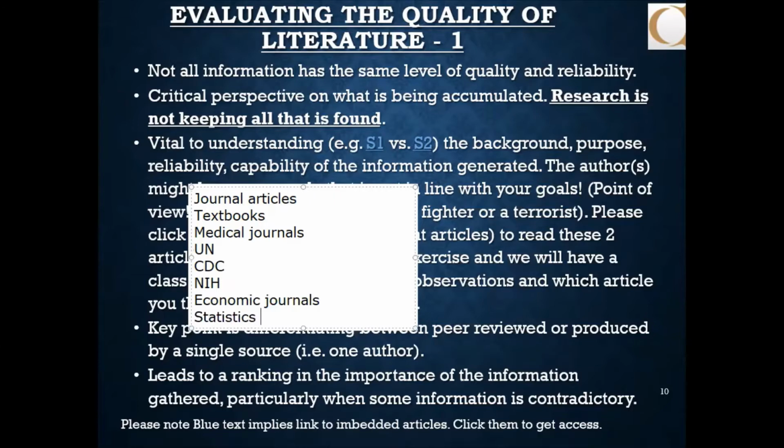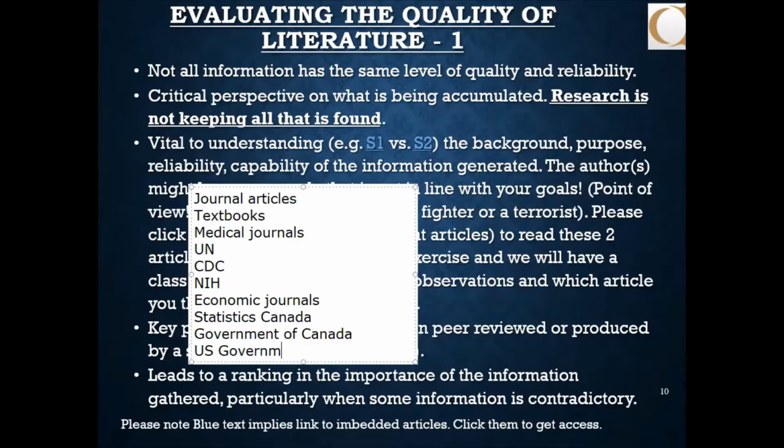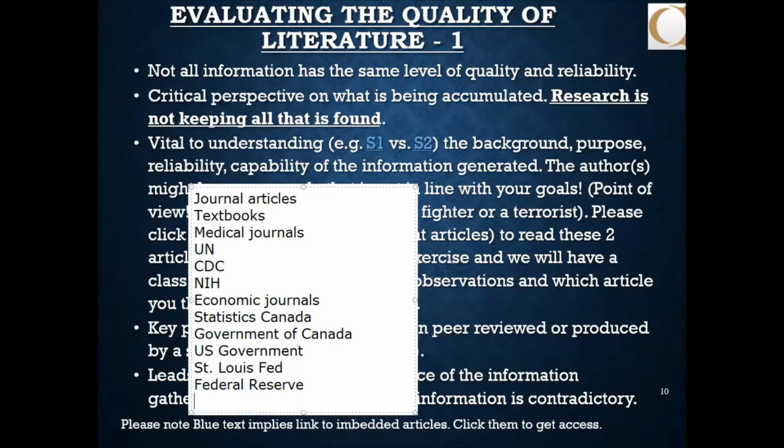This is Canada, Government of Canada, US government. Those are good sources. St. Louis Fed, Federal Reserve. These are all good sources of data. Google Finance, Yahoo Finance. So you can use these sources. These are really good sources for your literature review.